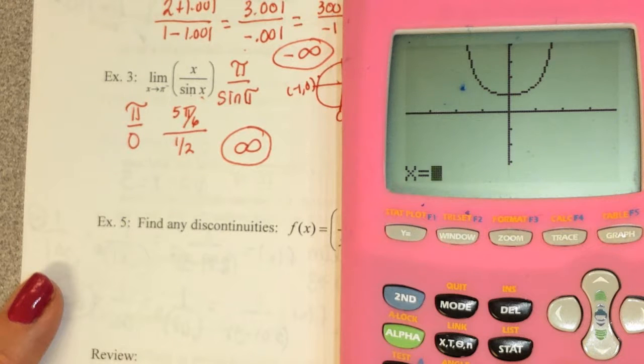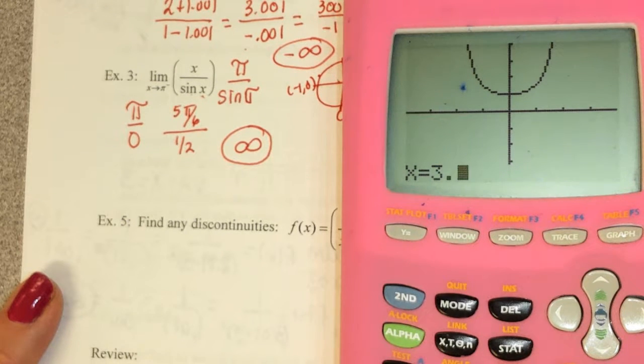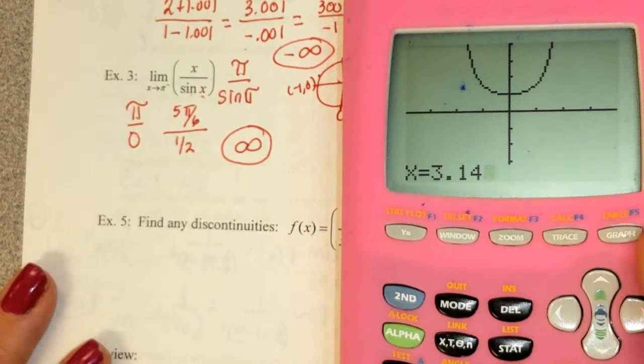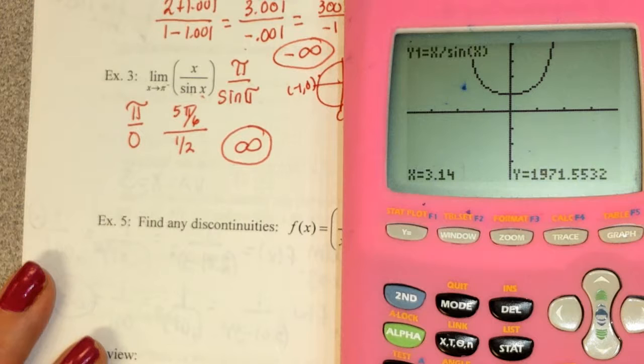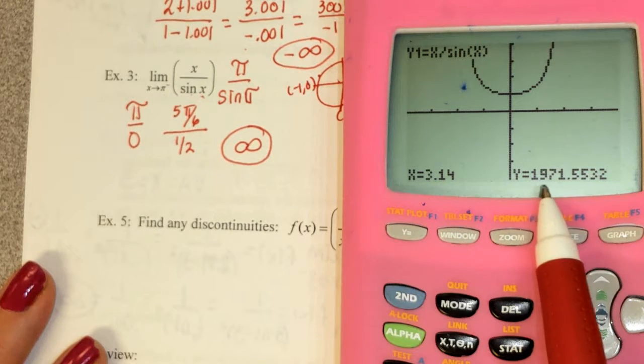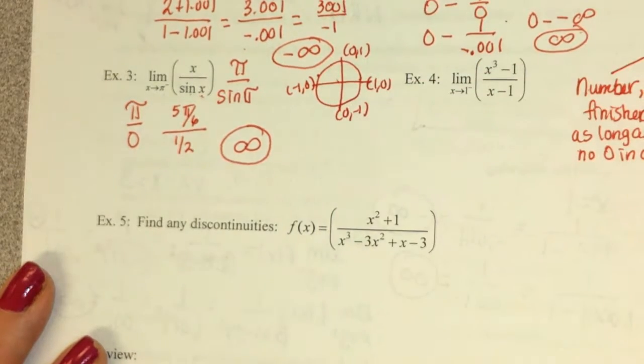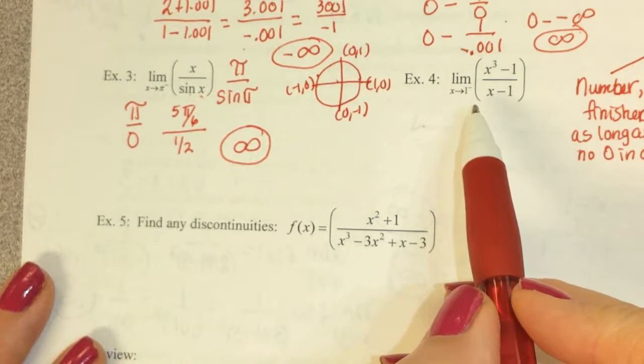This time I am going to have the calculator check. 3.14 is even less than pi, isn't it? Because pi is 3.14159265535. So now I'm going to push enter, and I get this answer. So does that support the fact that the answer should be infinity? Yes, it does. Alright, next problem.